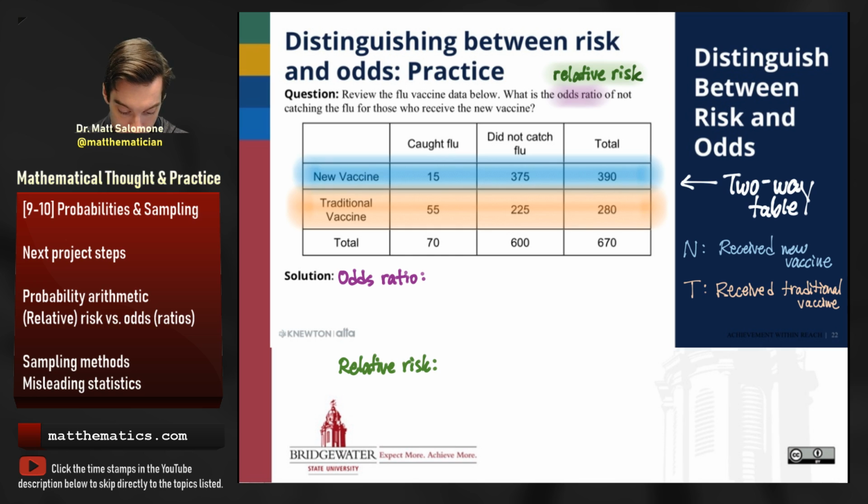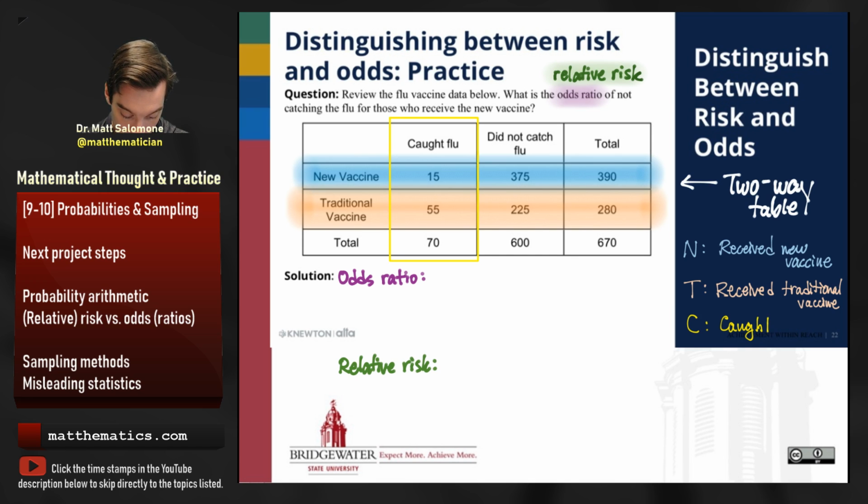And then I also want to think about the two columns in my two-way table. The column of patients who caught the flu, let me highlight that one right here. I'm going to call that column C. This is the event that a patient caught the flu.